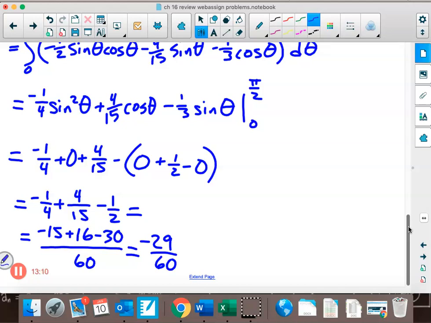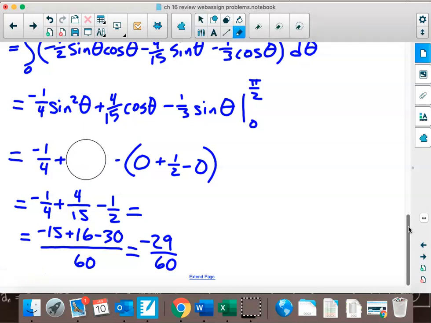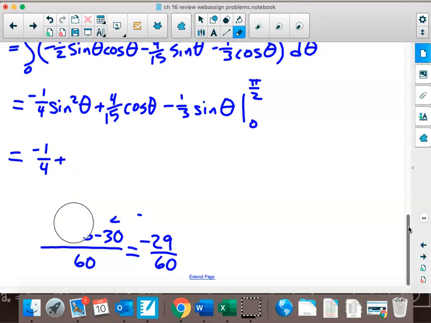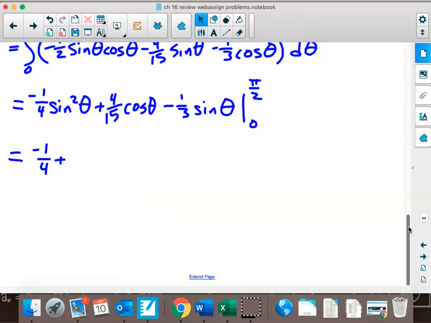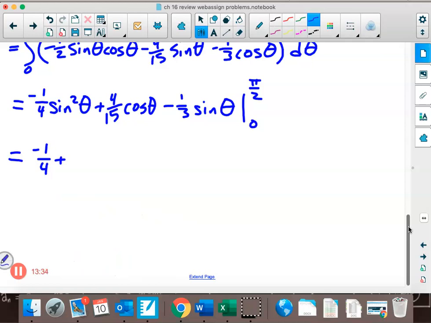All right, where am I messing up? Negative 4/15. Oh, whoops. Plus 0. Oh, I erased this and I shouldn't have. I gotta stop trying to do this partial. All right, here we go.